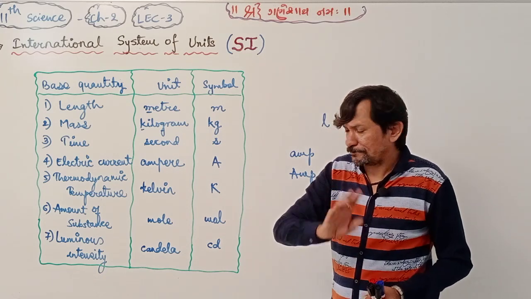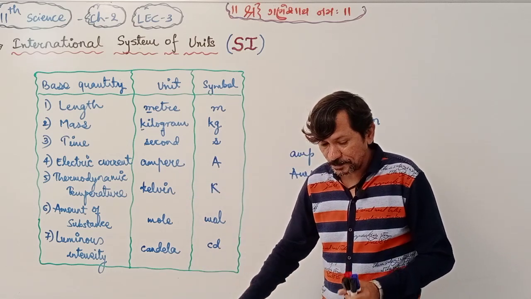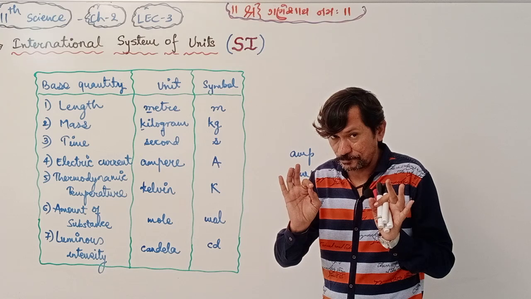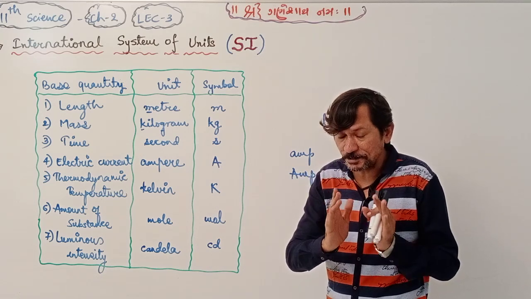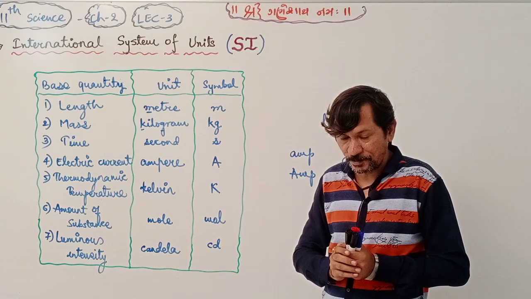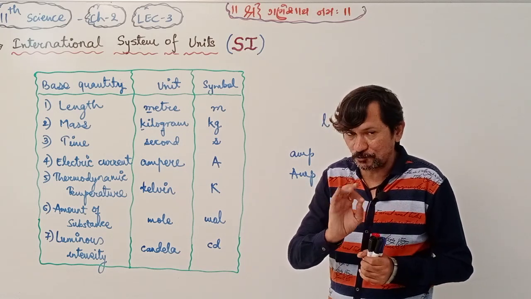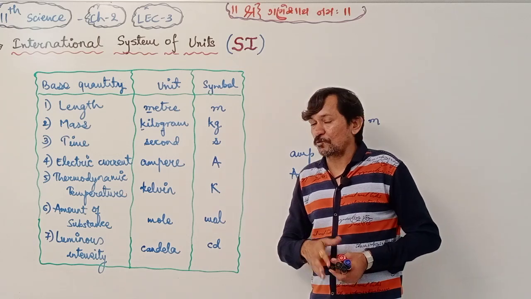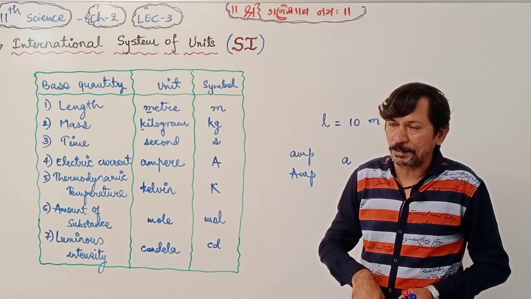In fact, below the table in your textbook it is written that you need not remember or learn these definitions. Even board can't ask the definitions to write. So forget definitions. Just remember quantities, their units and symbol.